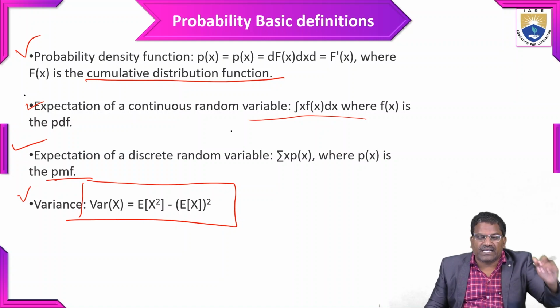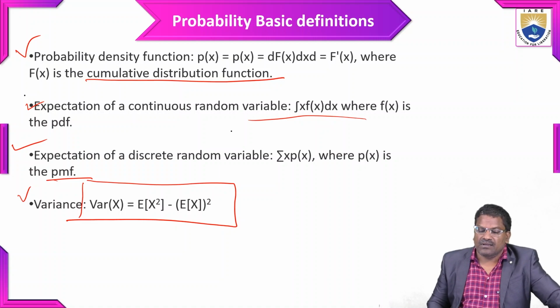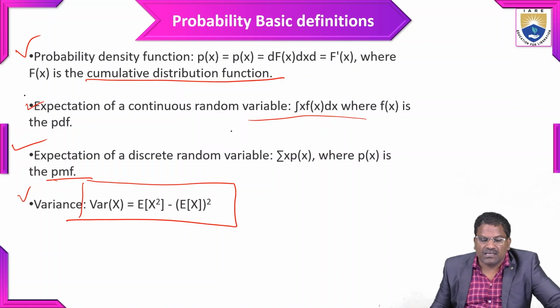Now let us see expectation. The expectation of a continuous random variable can be calculated with integral x into f of x dx, where f of x is the probability density function.